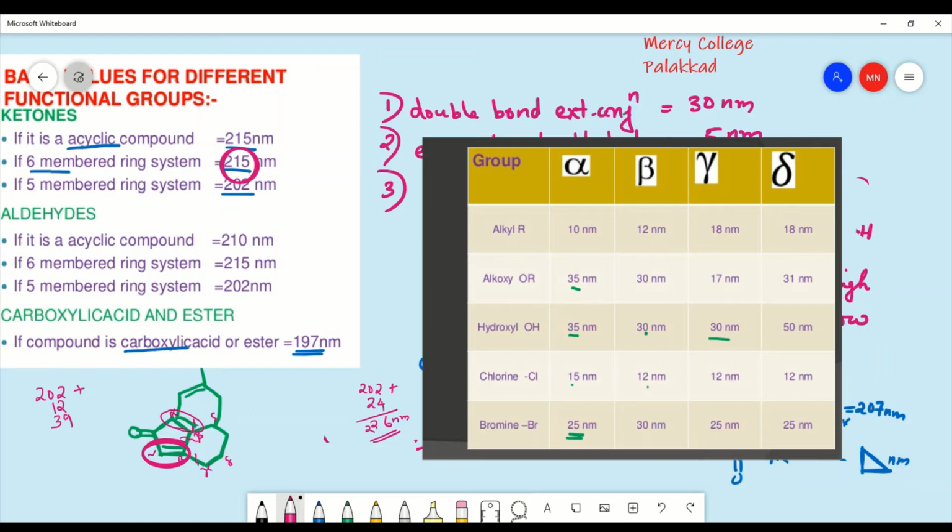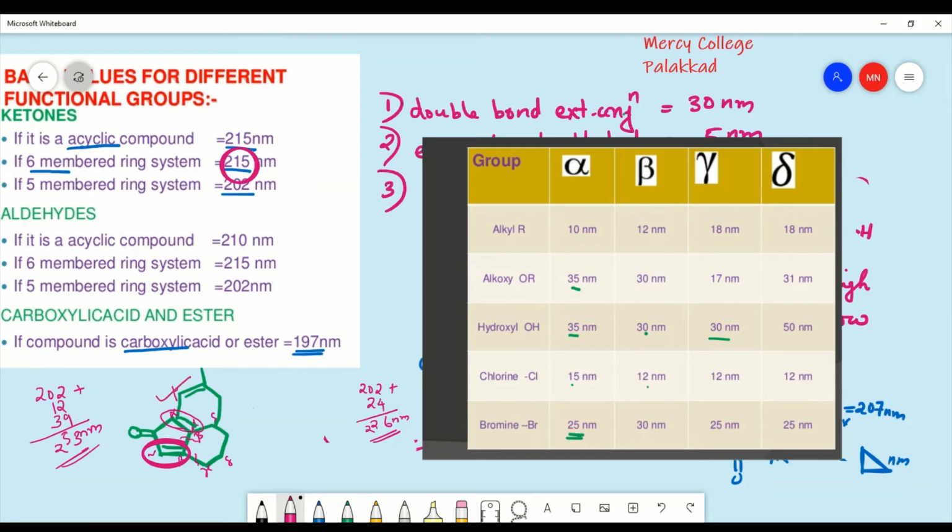Now you can consider here also alpha, beta, gamma, like that. At the beta position you have a ring residue. So this is the contribution it is having. So 202 plus 12, plus 39, plus 5, gives 253. So this will be giving the highest value because the highly substituted side will be giving the greater value. So this is how you have to count.